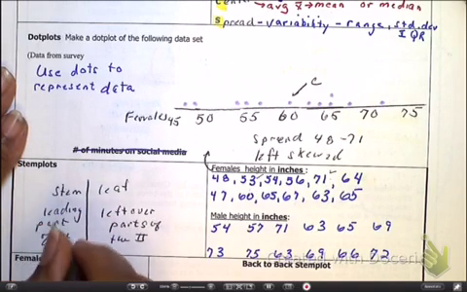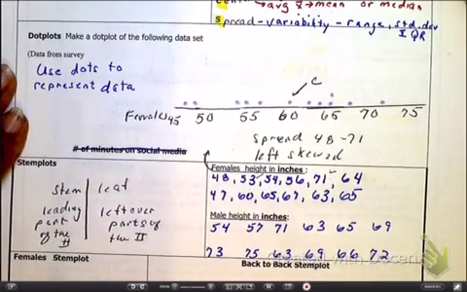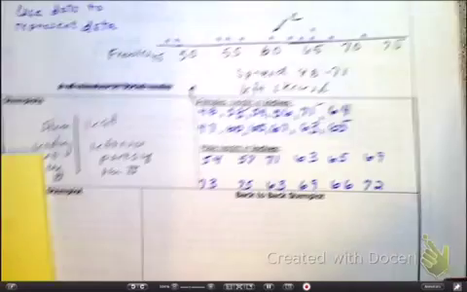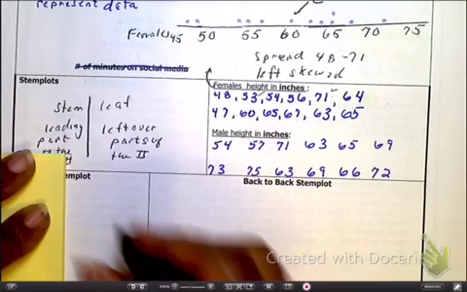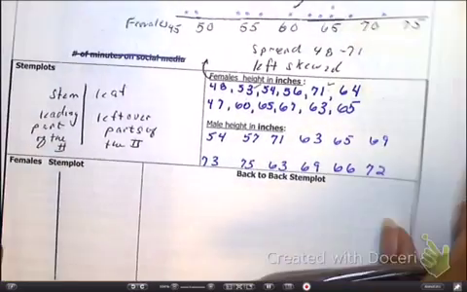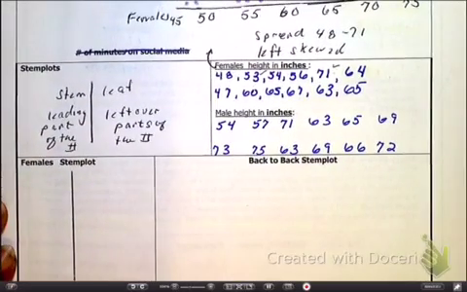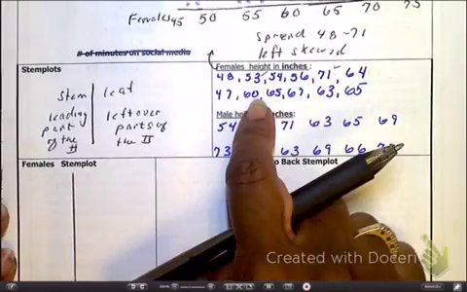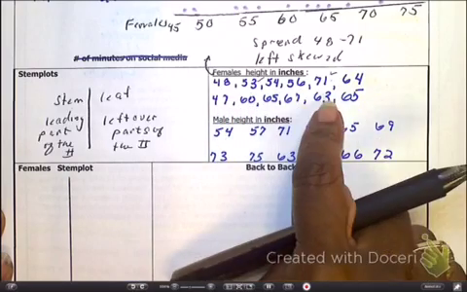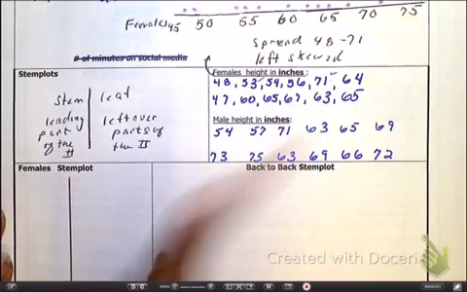So now I'm about to draw a vertical line. And as I look at these height values in inches, I've got 48, I've got 50, I've got 63.